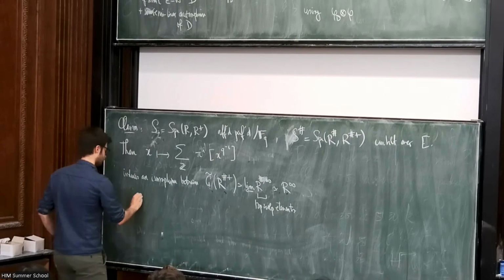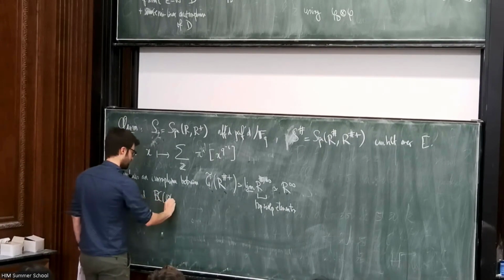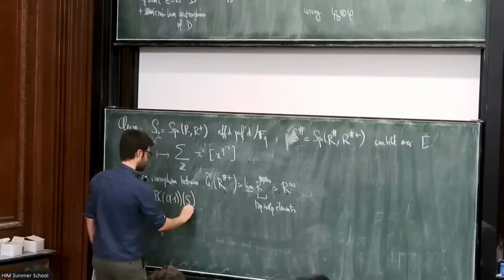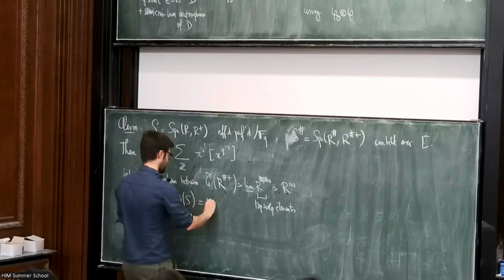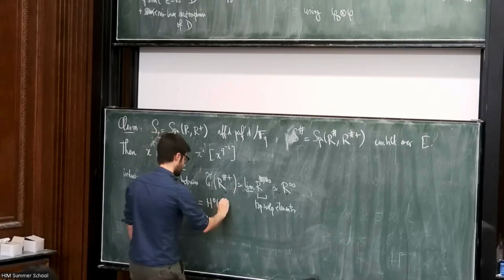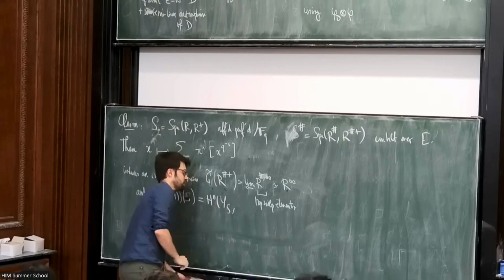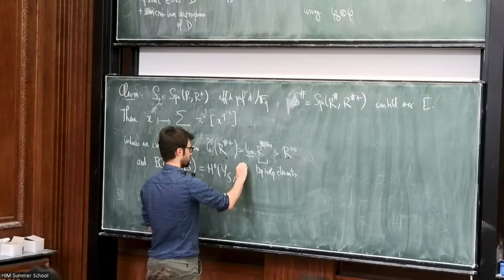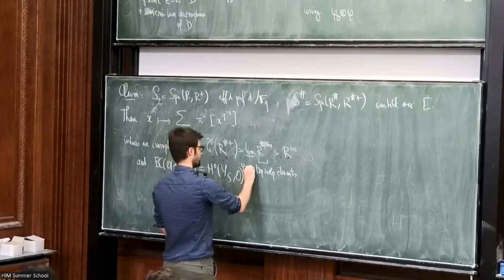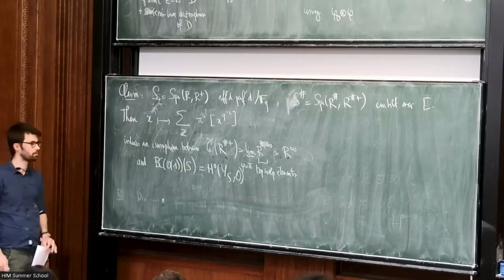But I claim that this is in fact living in the evaluation of this functor BC of O(1) on S, which, just by definition of this functor, is given by H^0 of Y_S of the structure sheaf, and then the eigenspace where phi is given by multiplication by pi.